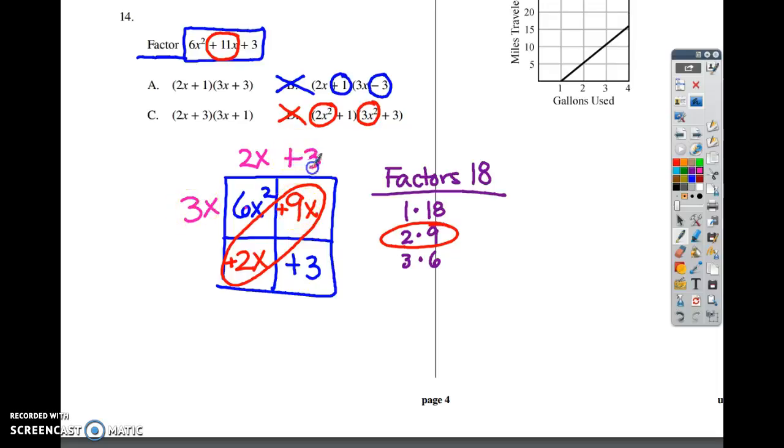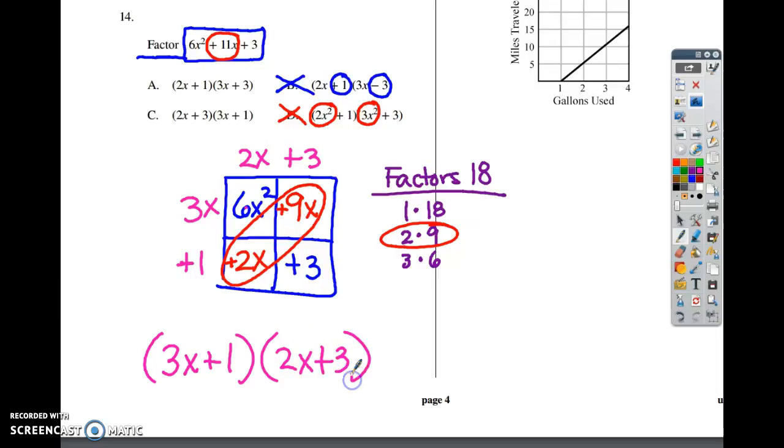Positive 3. And what's 2 divided by 2? 1, positive 1. So write down your factors. It's 3x plus 1 and 2x plus 3. So your answer is C.